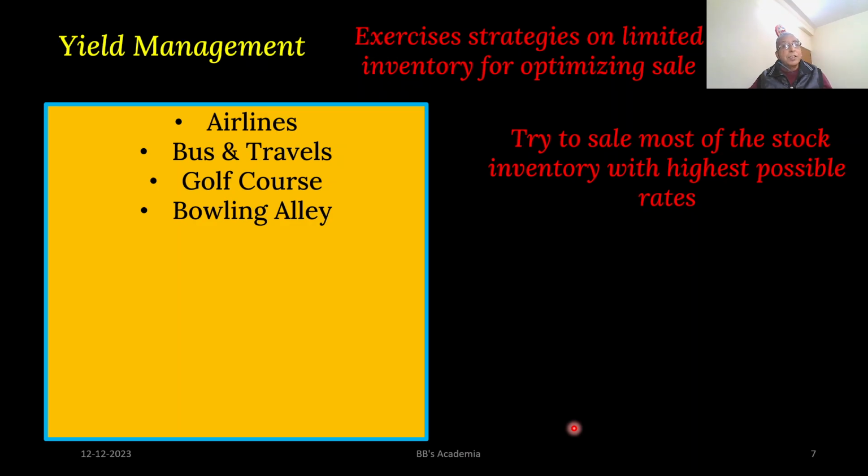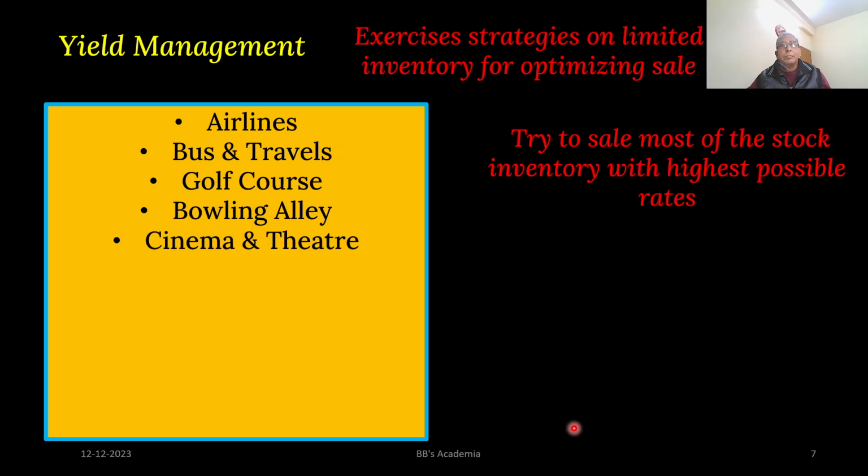Bowling alley, same thing. Suppose you have 10 lanes. Monday to Friday, fewer people are coming because they are all busy. But Saturday and Sunday, people are more, so demand is high. But once it is sold off, you cannot sell further. So we also have scope to apply yield management in a bowling alley.